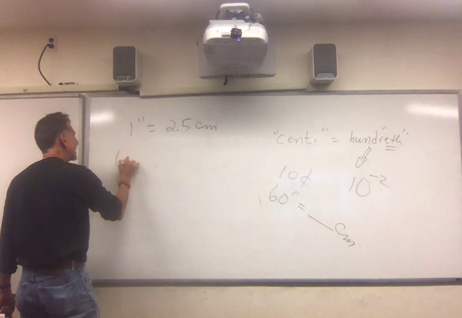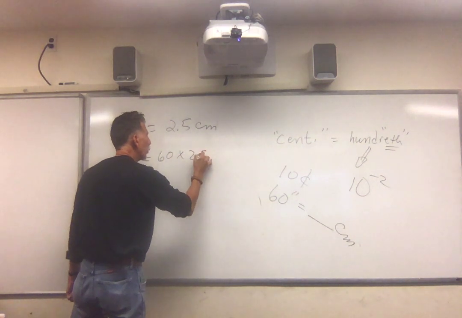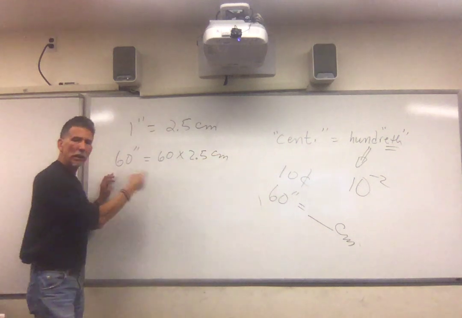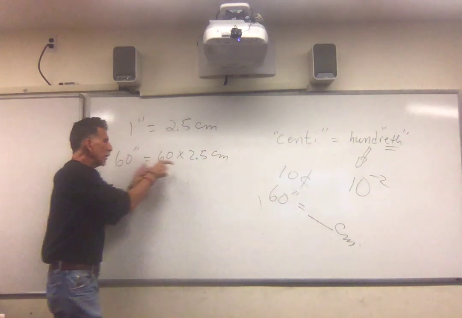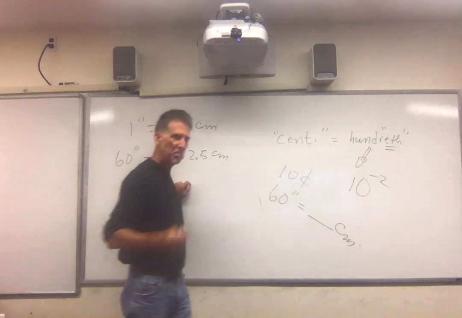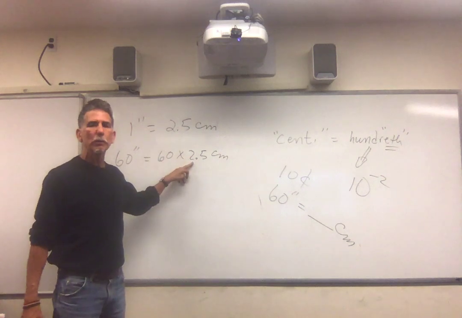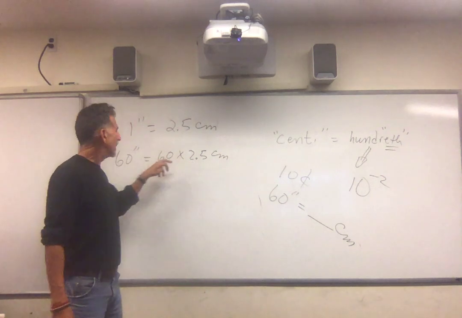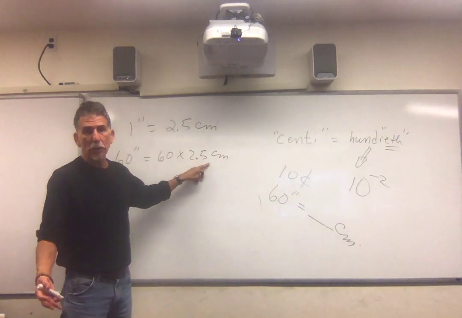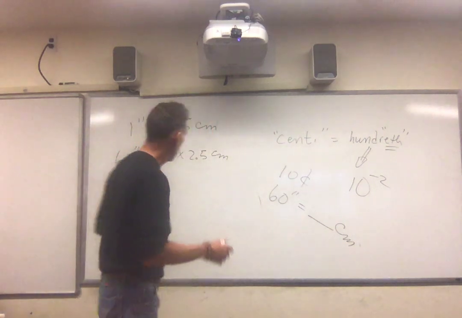So if I do 60 inches, I have to do 60 times 2.5 centimeters. In an equation, what you do on one side, you have to do on the other. If I multiply this side by 60, I multiply this side by 60. Fantastic. So let's do this in our head. 60 times 2 is 120. 60 times a half is 30. So 120 plus 30 is 150.